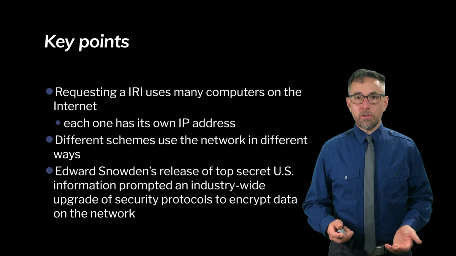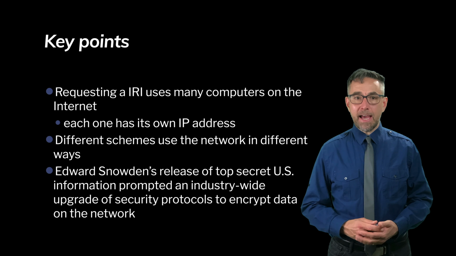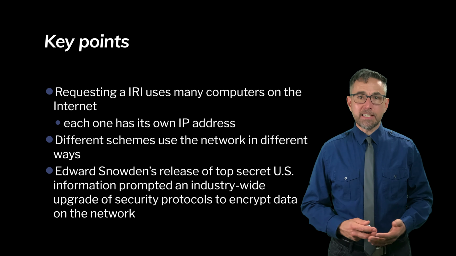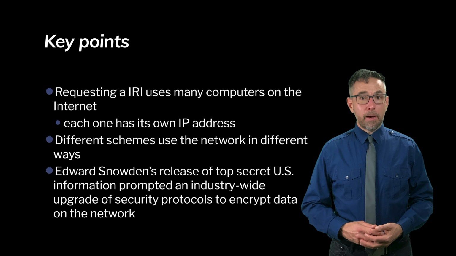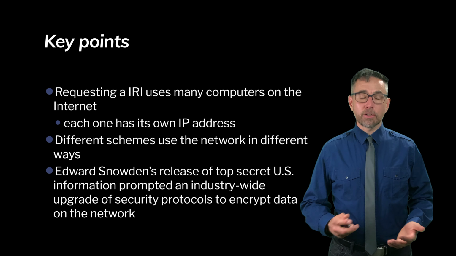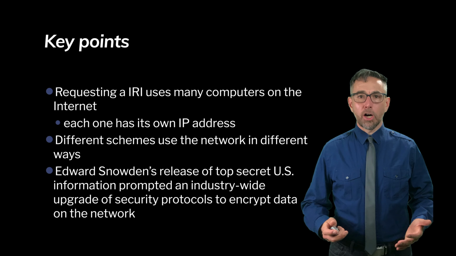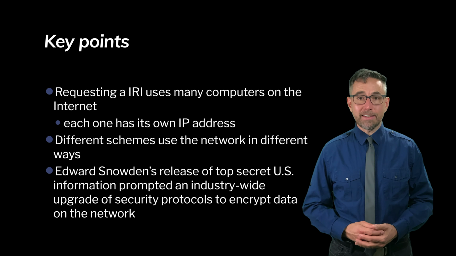Depending on which scheme you use, HTTP, HTTPS, the network will be utilized in different ways, including the TCP/IP or UDP underlying technology. A lot of the security has been upgraded by default recently, and that's a result of Edward Snowden's release of top secret US information, which ultimately prompted the industry to use high security communications by default.